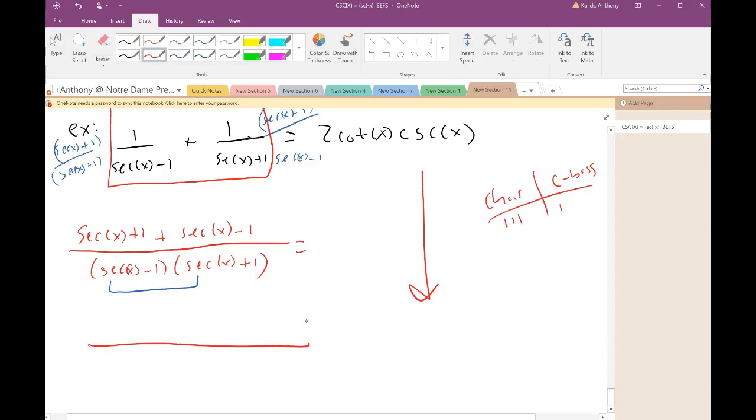So when I do that, I have a secant squared x, and then I have a secant x, and then I have a minus secant x, and then I have a minus 1. So I like that idea for the denominator. What do you guys want to do in the numerator?